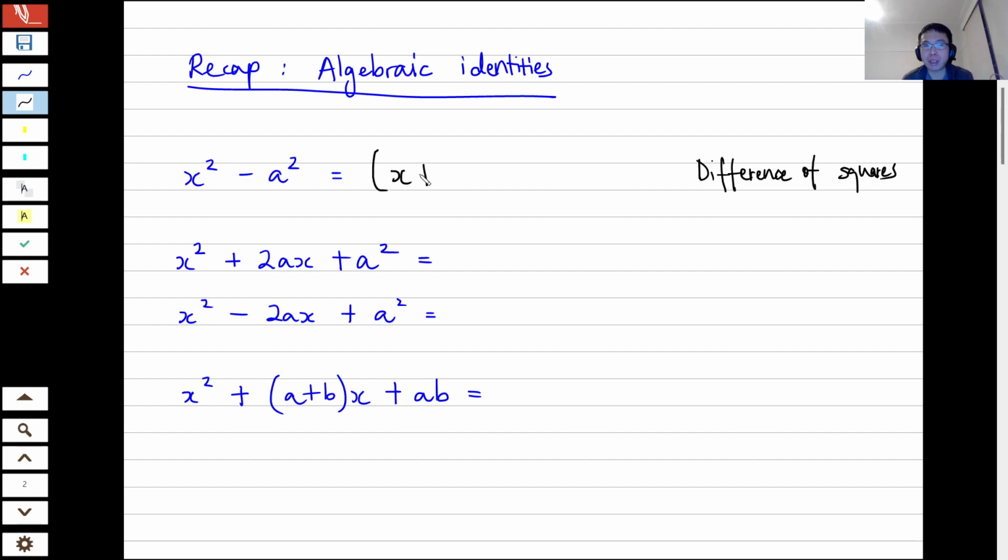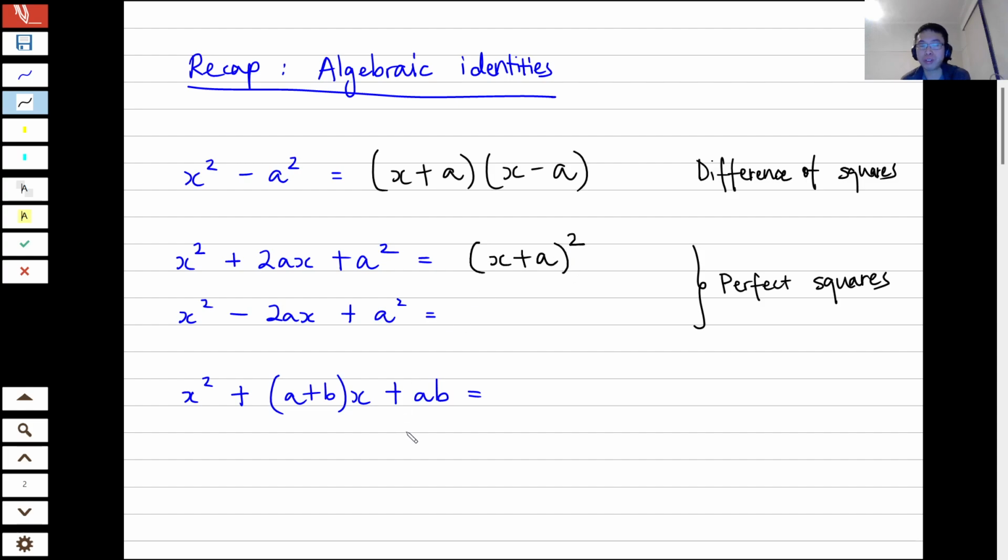And that can be broken up into x plus a times x minus a. The next two are sometimes called perfect squares. And these can be factorized into the form x plus a all squared and x minus a all squared.